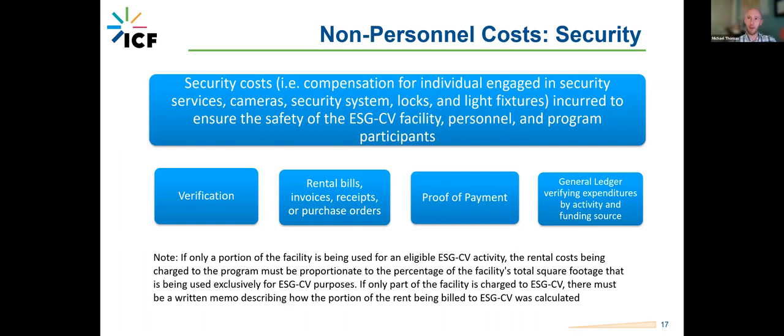You'll notice there's kind of a pattern there too. If you're only using part of your facility for ESG, then you have to document how you determine the proportion being charged to the grant, and that should be applied to any costs associated with the facility itself. And back to you, Gordon.